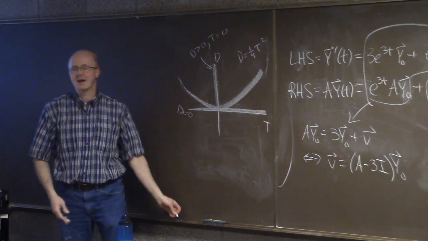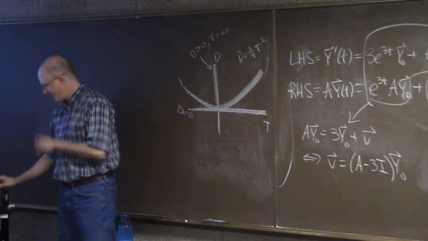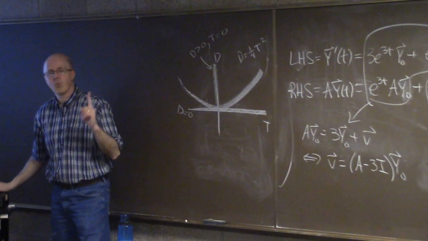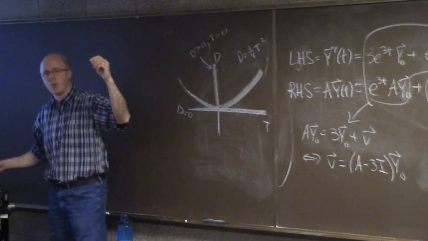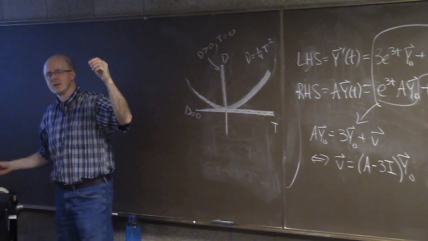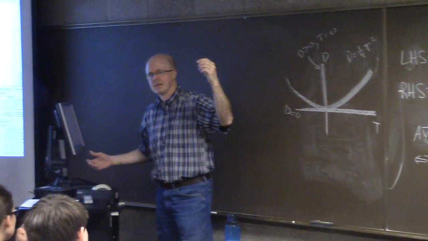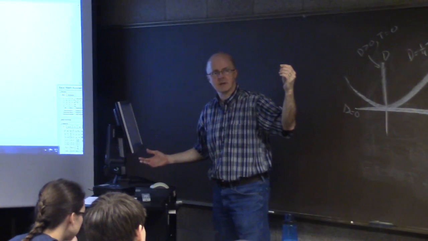Usually when you have one repeated eigenvalue, you have only one line of straight line solutions. You only have one eigenvector that's linearly independent by itself. There are not two linearly independent eigenvectors.